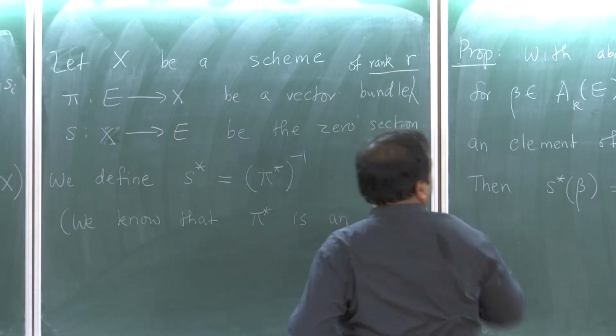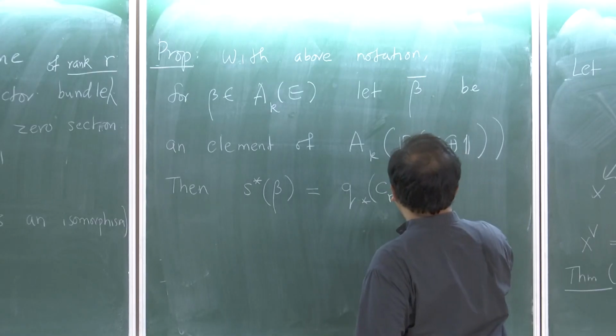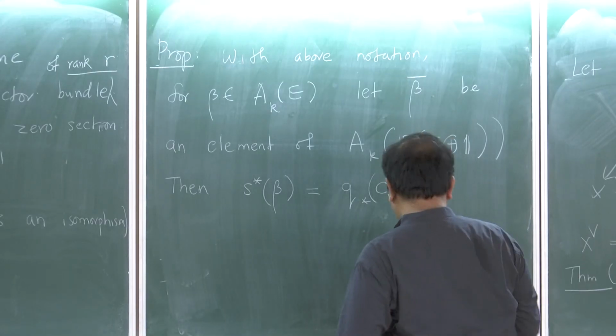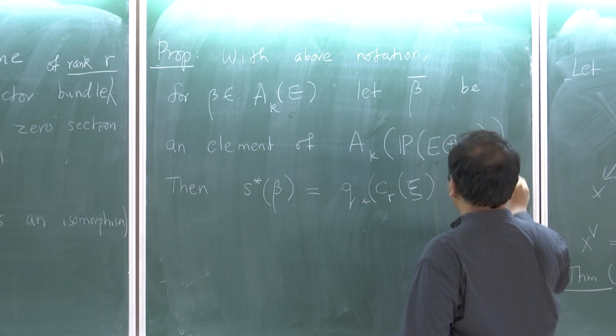Okay, so now I'm taking C_R of psi, capped with beta bar.